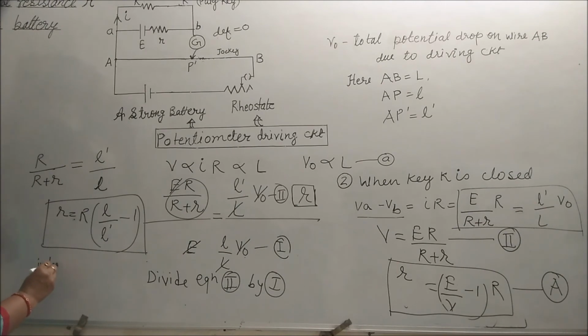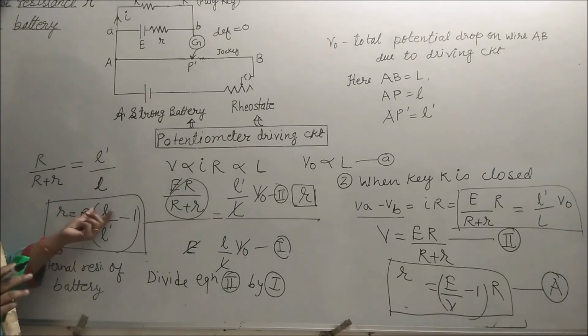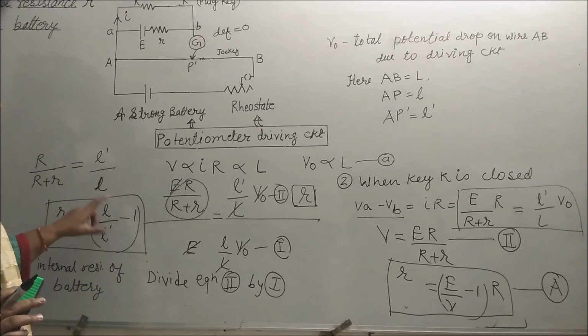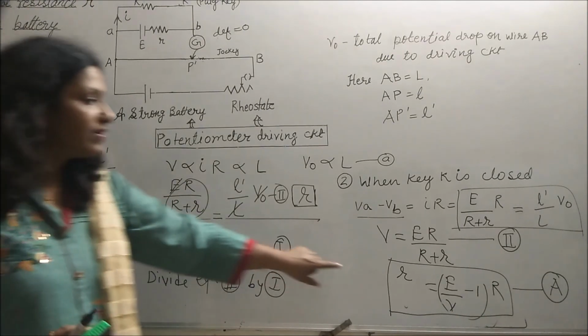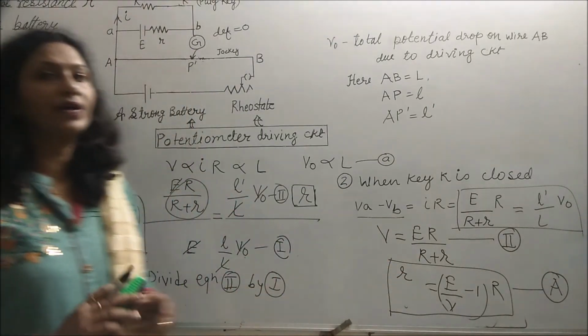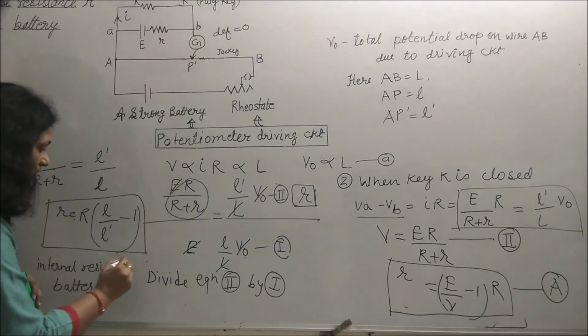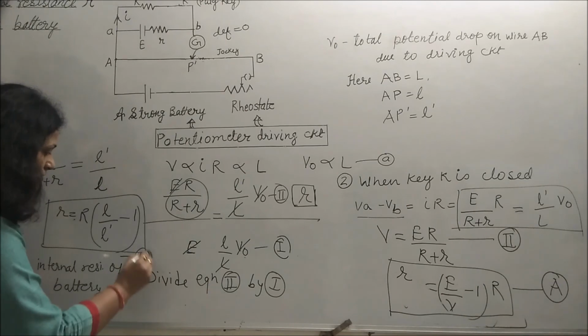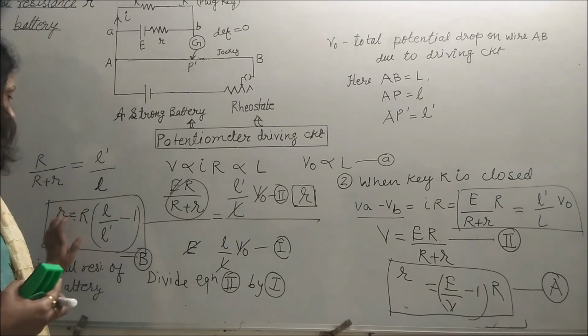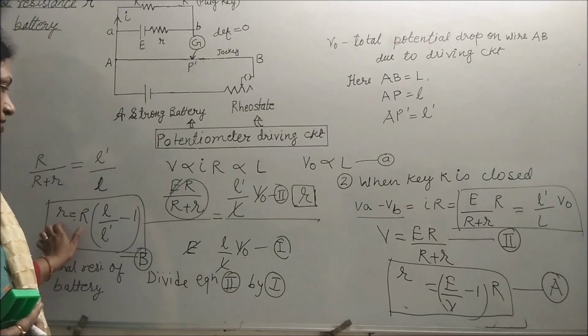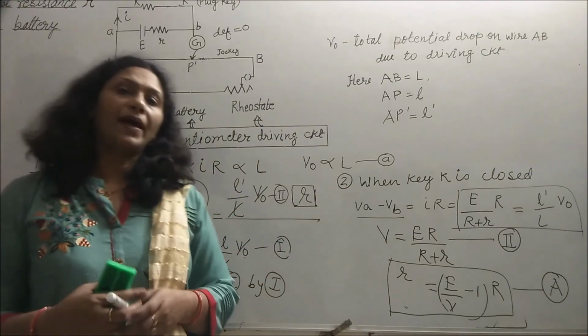So here our internal resistance of the battery r is given in terms of R and the length of the metallic wire in two cases, and in the first case we got r in terms of E and V. So this is equation B. So these are the two relations we got for internal resistance in terms of different parameters.